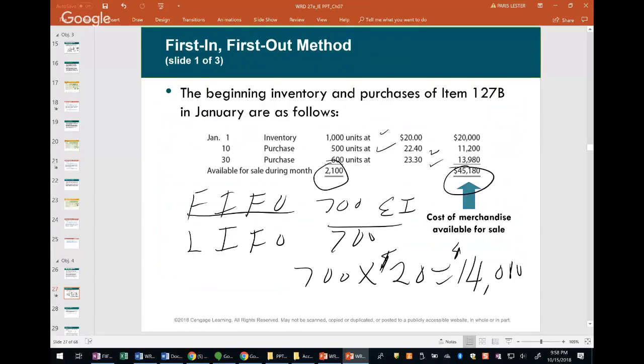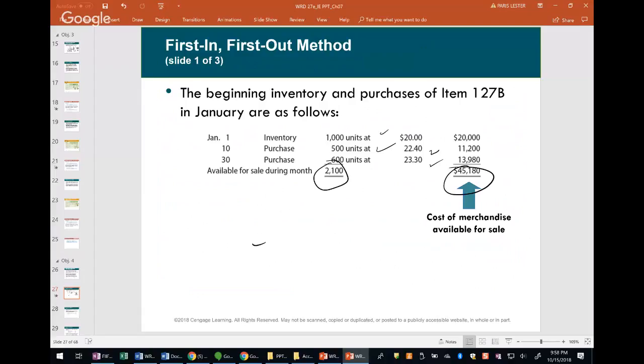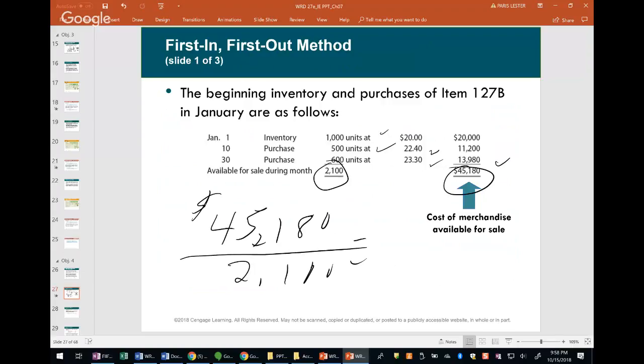All right. If I'm going to average here, if I've got 700 units left, now my total purchases is 45,180, right? Divide that by the total units I have available. All right, give me the average cost. Somebody divide 2,100 into 45,180.